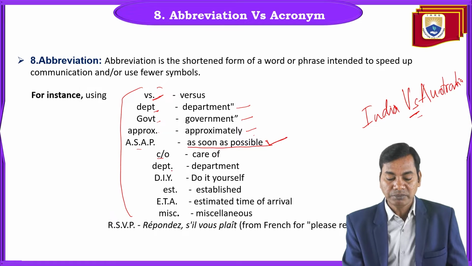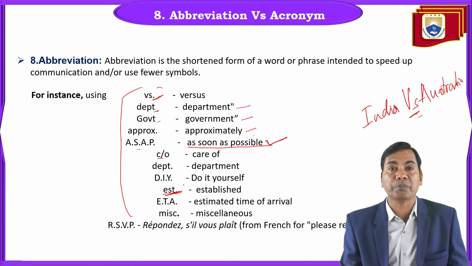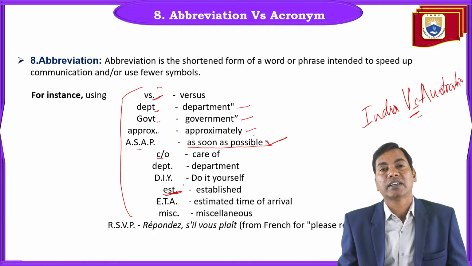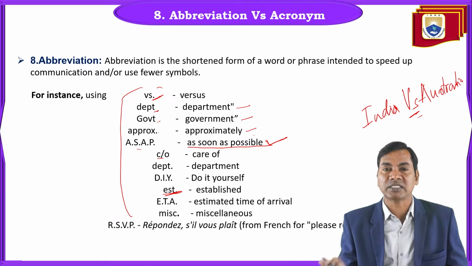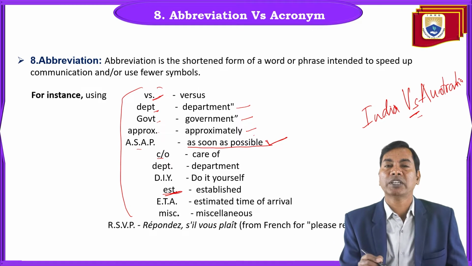C/O, care of, I've already mentioned there. DIY, do it yourself. EST, established. You might have seen on many signboards, IARE, EST in 1998. Their EST means established. Instead of writing established in full form, that abbreviation is well known to all.